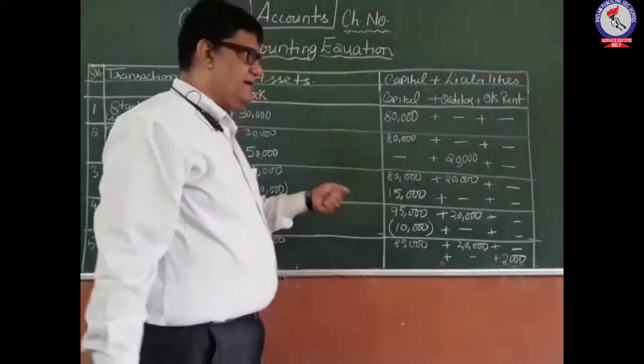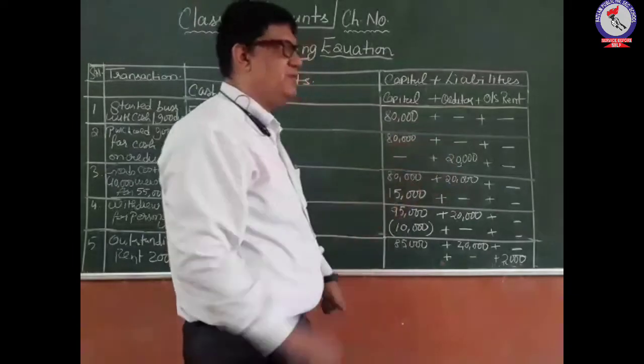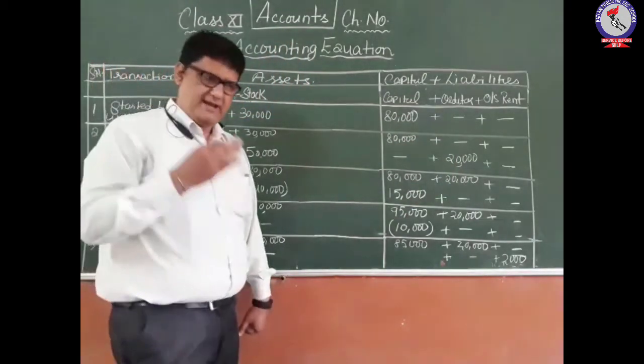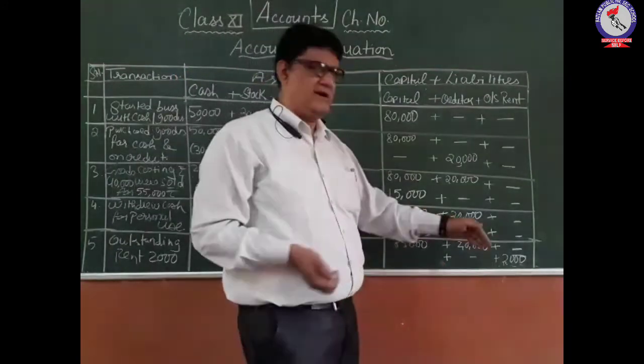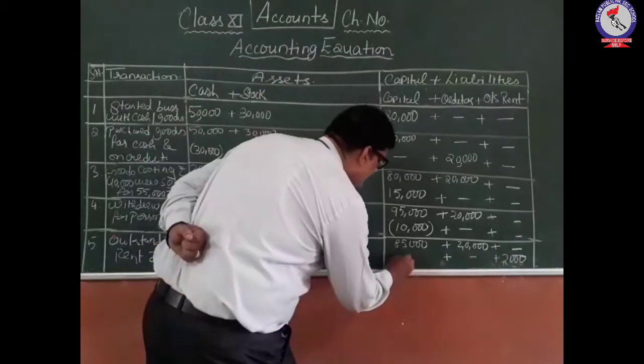So how it will be affected, where it will be affected? So this is an expense for you whether you have paid or not. So anytime whenever you will be paying these expenses, only this adjustment will be reversed. So this will definitely reduce your capital.